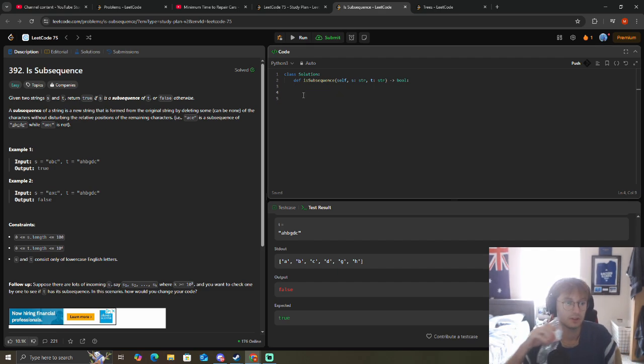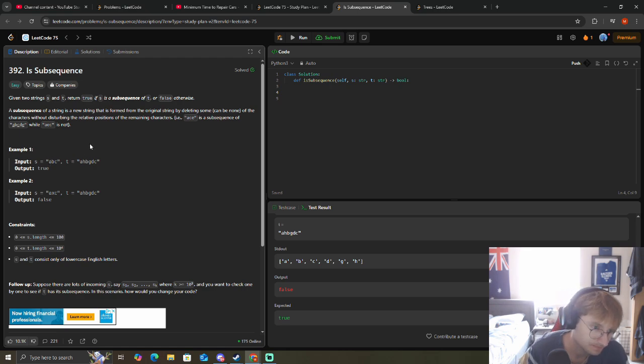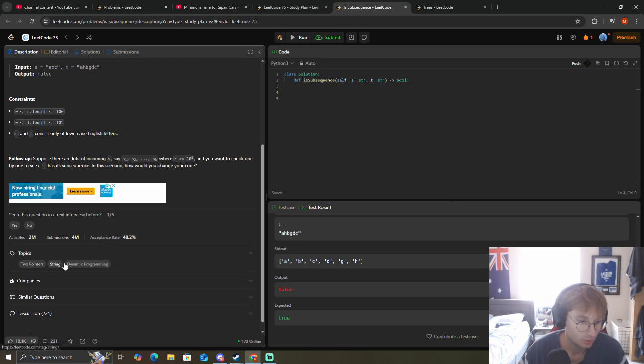So given two strings S and T, return true if S is a subsequence of T. Well, how are we gonna do this? It's tagged as a two-pointer problem.